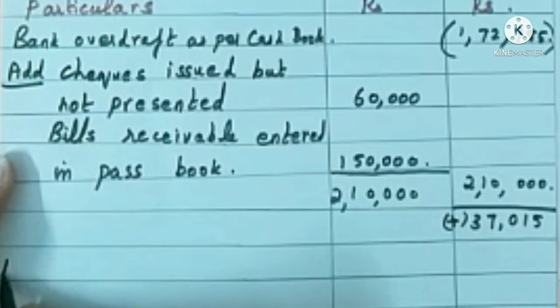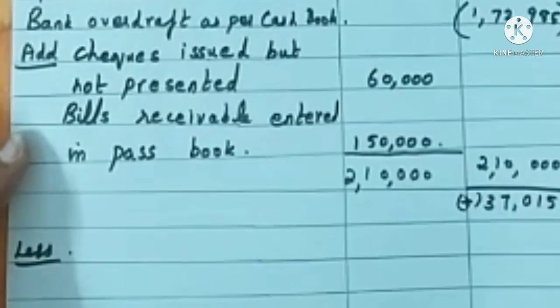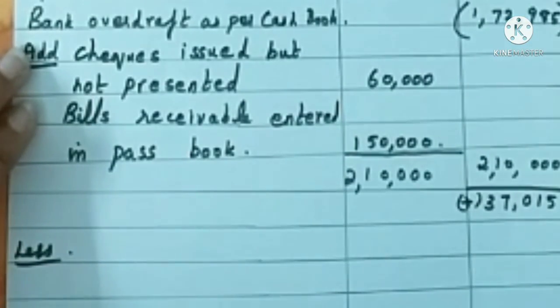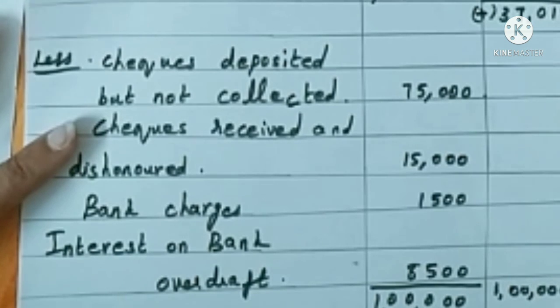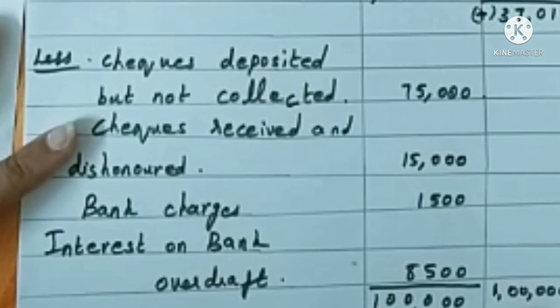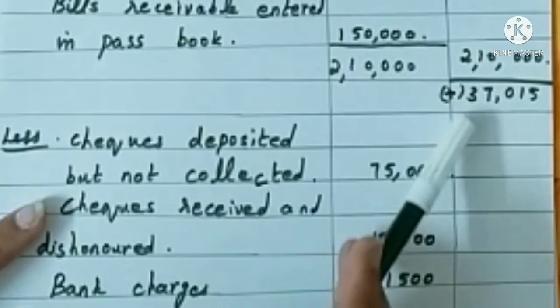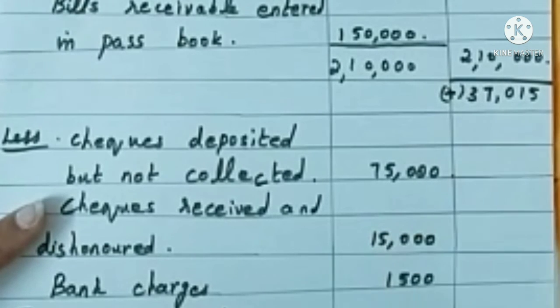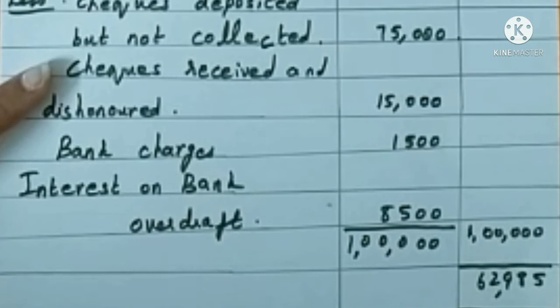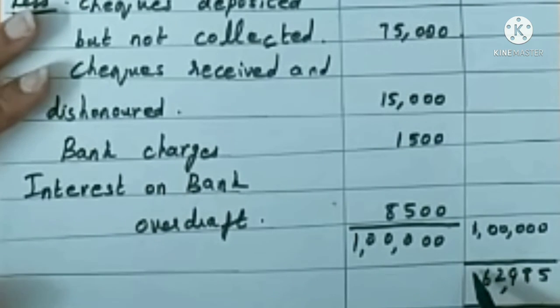See, the following items have to be deducted. So if you deduct 1 lakh from 37,015, you get 62,985. This is the unfavorable balance.